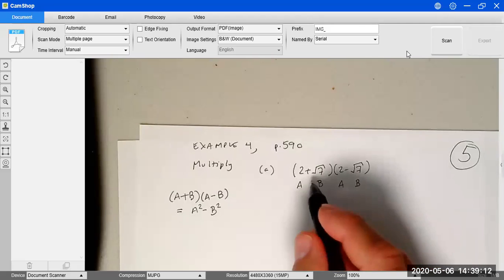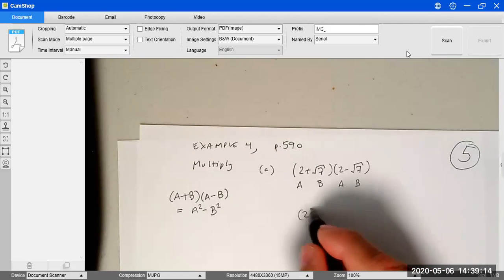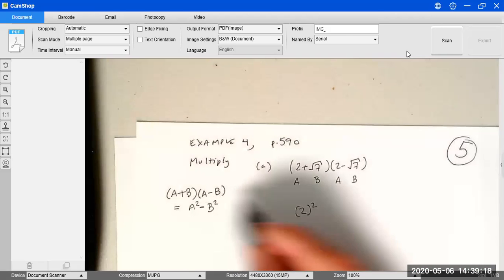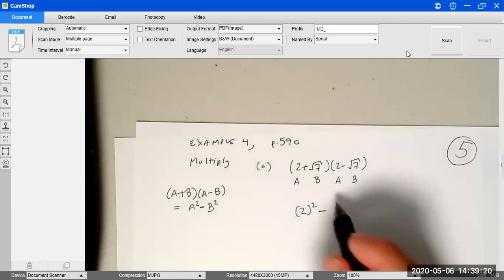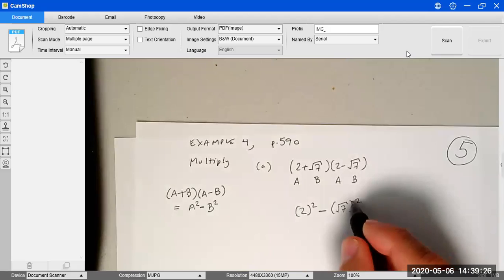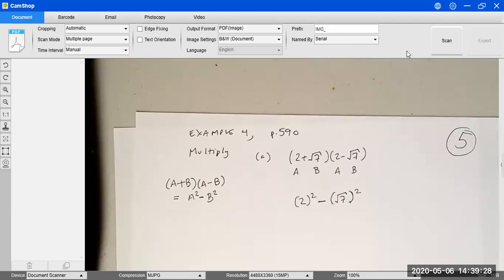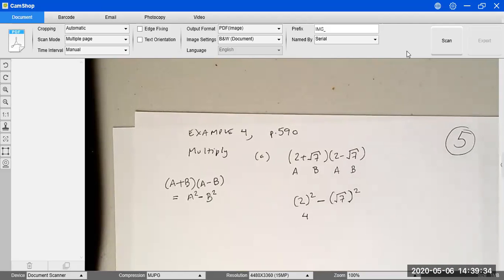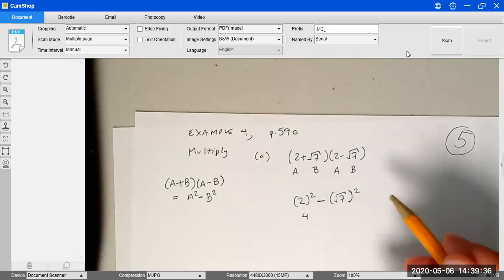So we're going to square the first term. That's 2 squared. Then you always have a negative sign, and then you're going to square the second term. So you have square root of 7, and you're going to square it. And then you simplify things. So 2 squared is going to be 4. And here is the same thing that we have been doing so far.